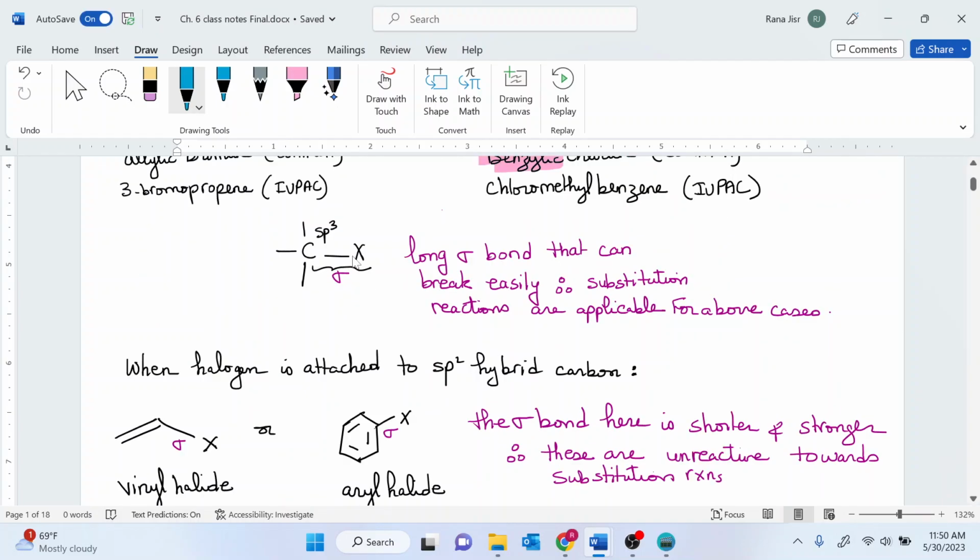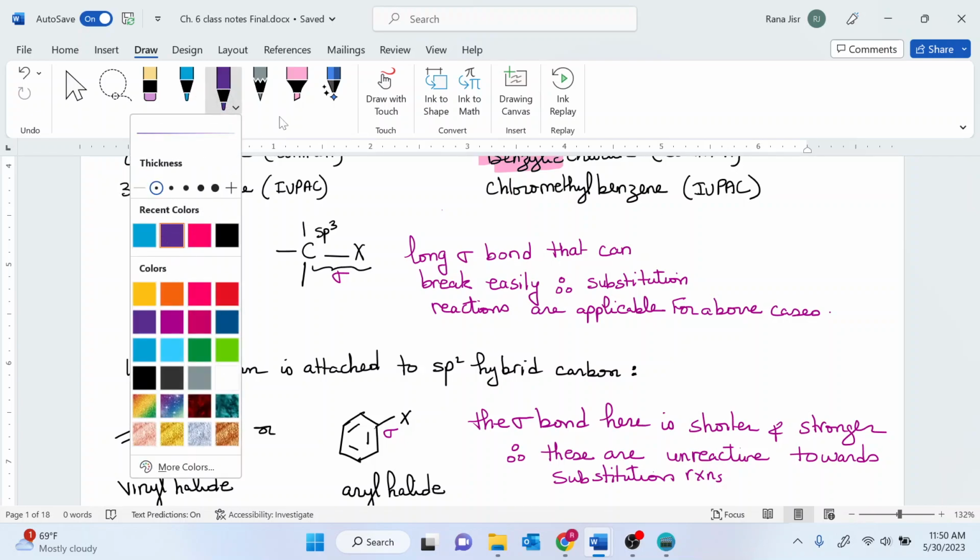Nucleophilic substitution reactions involve the breaking of the sigma bond. The sigma bond has to be a bond between the halogen and the sp3 hybrid carbon. Normally, sigma bonds, compared to double bonds, are longer bonds and easier to break.